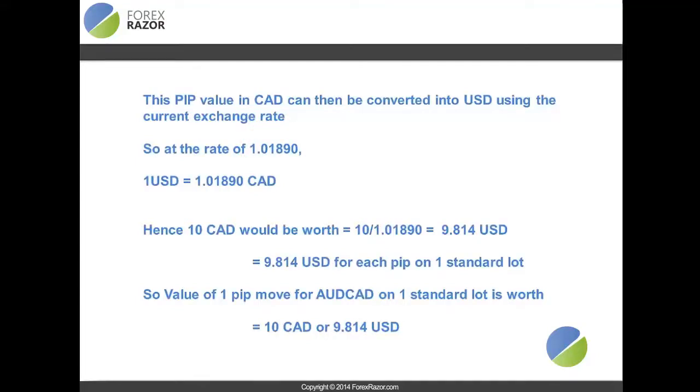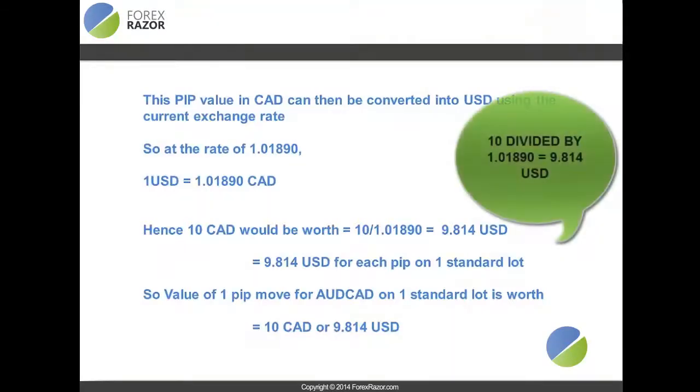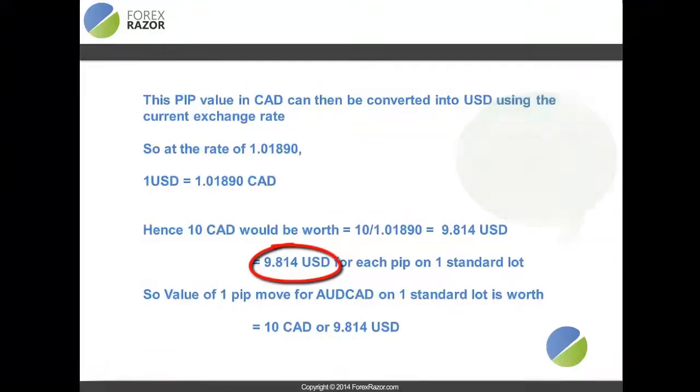Hence, 10 Canadian dollars would be worth 10 divided by 1.01890, which is 9.814 US dollars. So, the value of one pip move for Australian dollar against the Canadian dollar on one standard lot trade position is worth 10 Canadian dollars, which is equal to 9.814 US dollars.